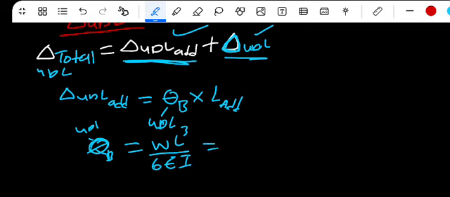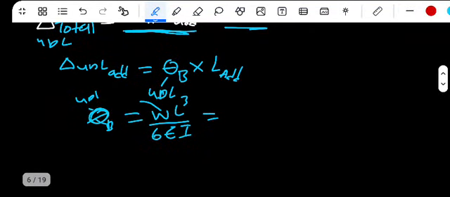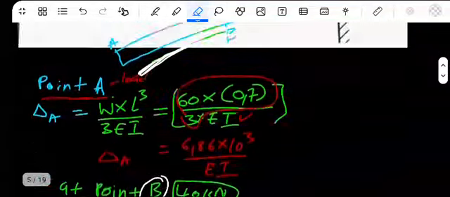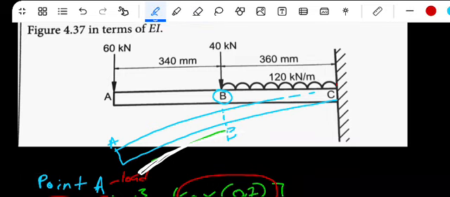Okay, what is our W then? Our weight is not just the point load, the UDL is also a distributed weight. The uniform distributed load we are given is 120 kilonewtons.